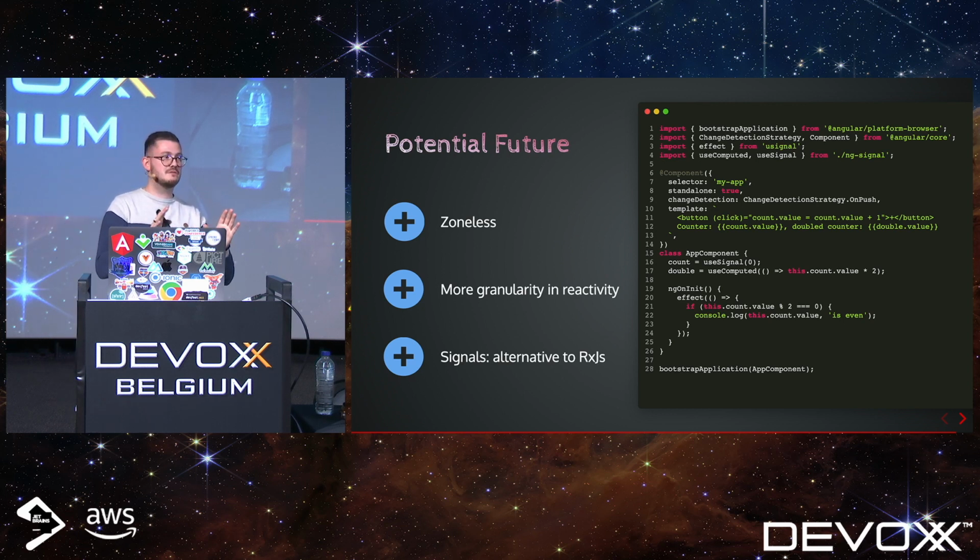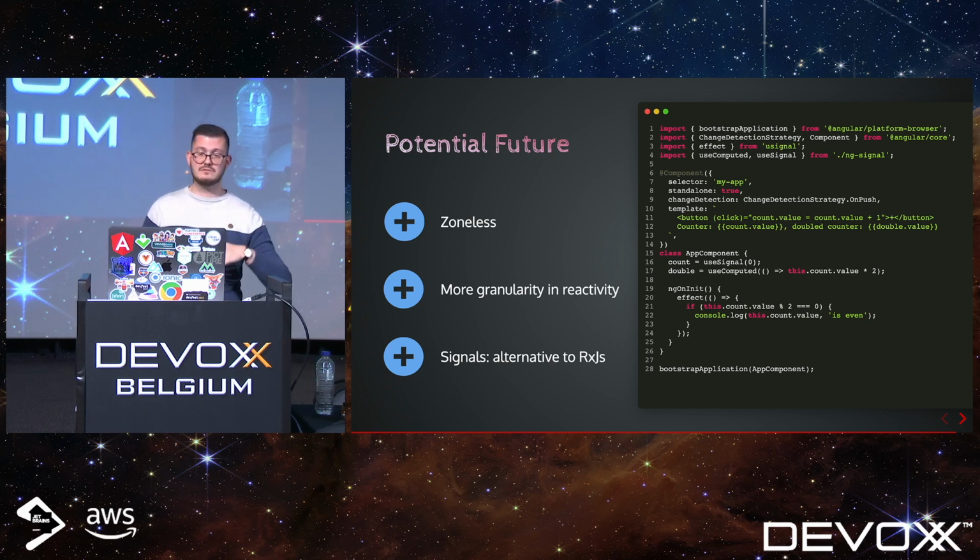In this piece of code, it's just a POC. Don't use it in production, please. I integrate signals. I create a count variable, which I initialize thanks to the signal method, which takes as its first argument the initial value of the variable. I create a double variable that uses computed, so when count changes, double changes.